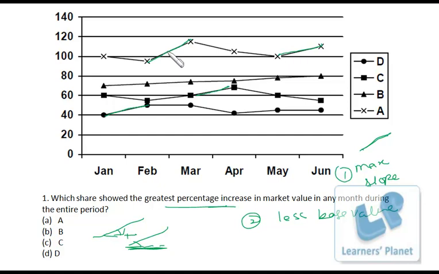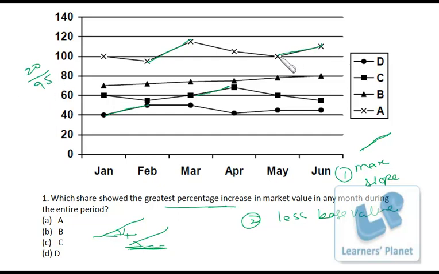Now in these two cases the base value will be more, because in this case it will be 95 and in this case the base will be 100. So here the increase is from 95 to 120. So the increase is 20 over 95.